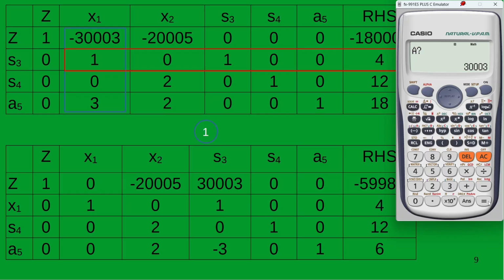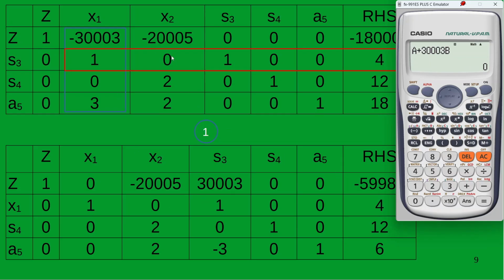Now put the value of x1, that is minus 30,003, and put the value of 1 here. So there we are. So we get 0.